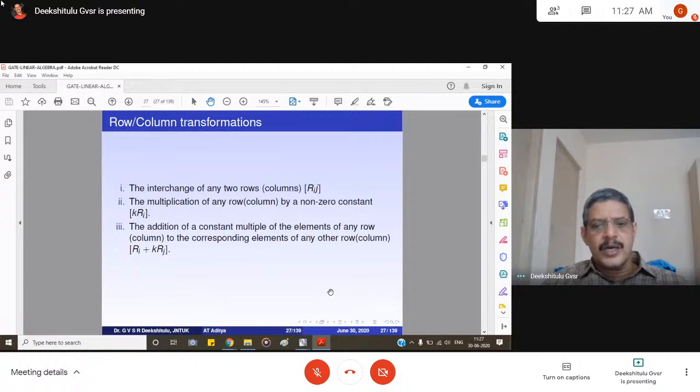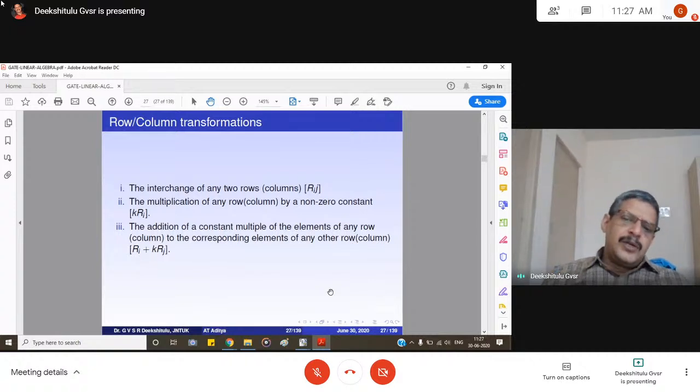That is denoted by the transformation Rij if it is rows. If the ith column and jth column are interchanged, then it is denoted by Cij. The multiplication of any row or column by a non-zero constant is denoted by k times Ri.